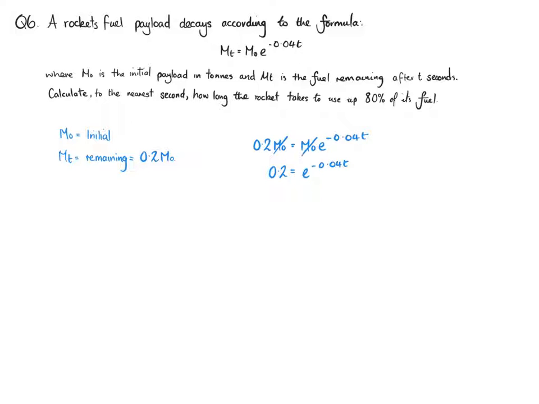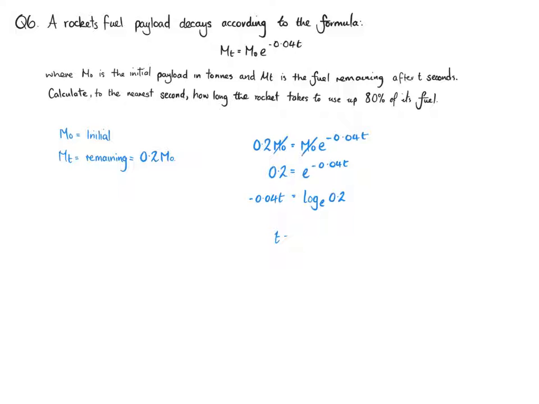Now we can change this into a logarithm to get that out of the equation. Remember, the base of your exponential becomes the base of your logarithm. So we've got log to the base e of 0.2 is equal to negative 0.04 t. That's just moving stuff about. Logarithm rules, you should know them by now.